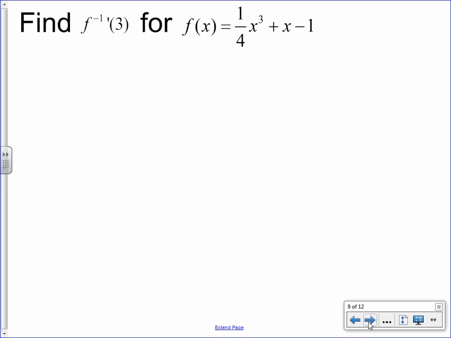So we have to use our derivative rule for evaluating that. We need to know some information about f of x. If we are evaluating the inverse at x equals 3, 3 corresponds to what kind of value for our function? Our y value.